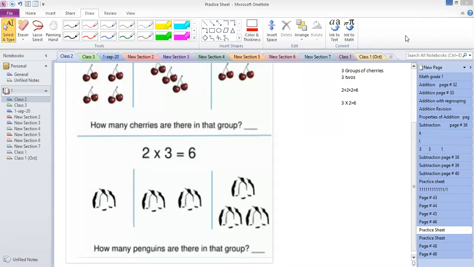There are 3 penguins in one group. Okay, tell me in the second one, how many penguins are there? How can you find it? Tell me how many groups of penguins are there?